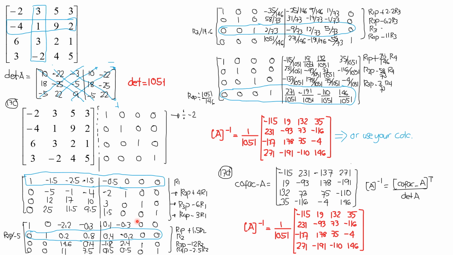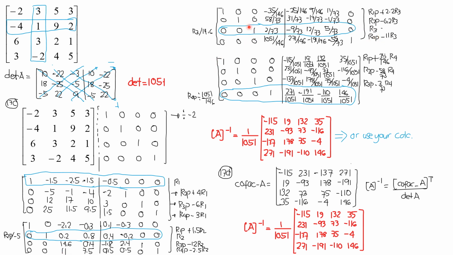Row 2 previous, these elements here, minus 0.2 of row 3, 0.2 minus 0.2 of 1, so that's why 0 here. The rest, these are the elements. Then row 4 previous, these elements here, plus 11 times row 3.